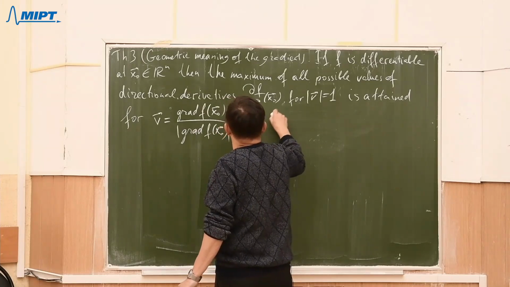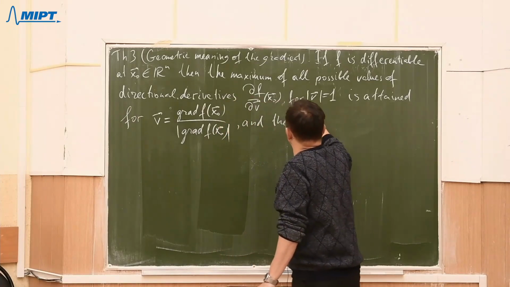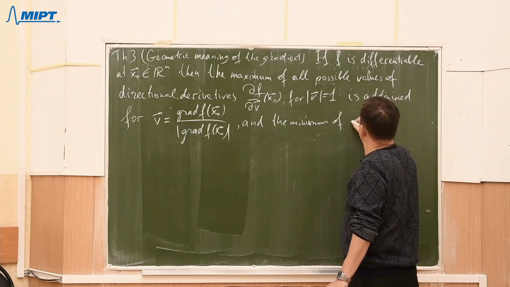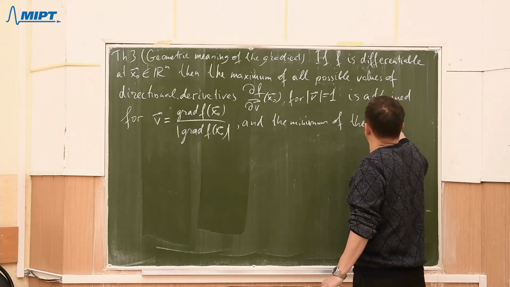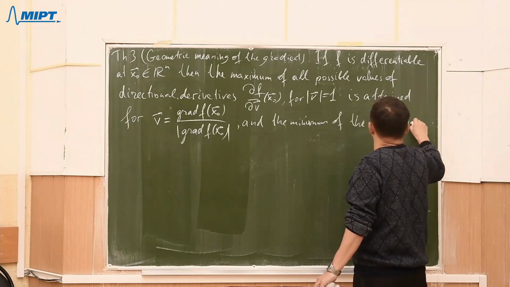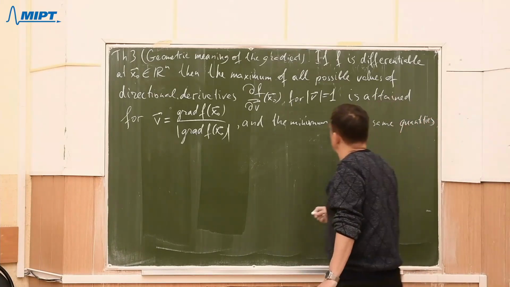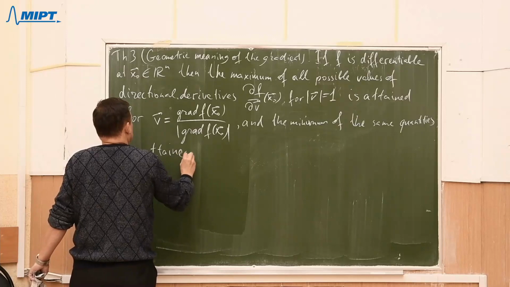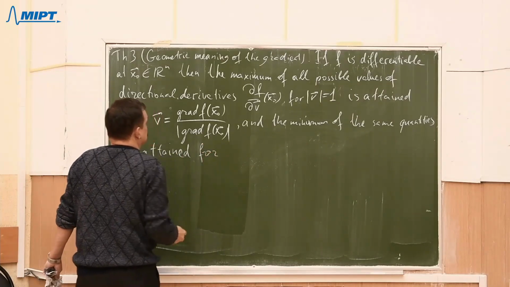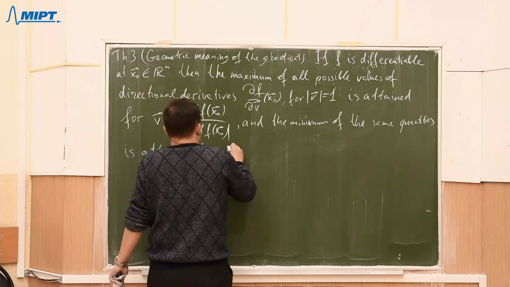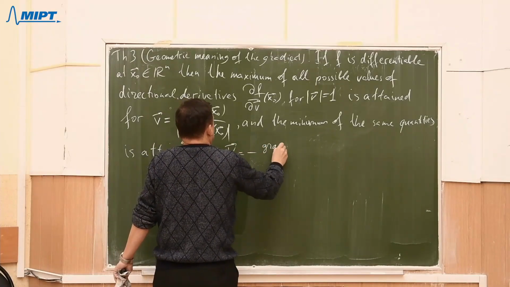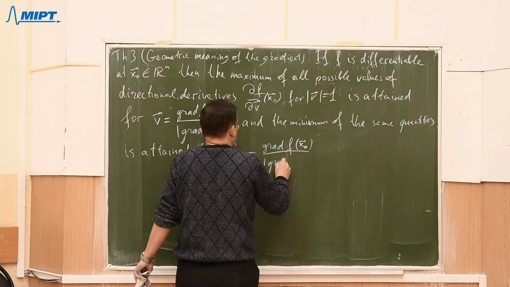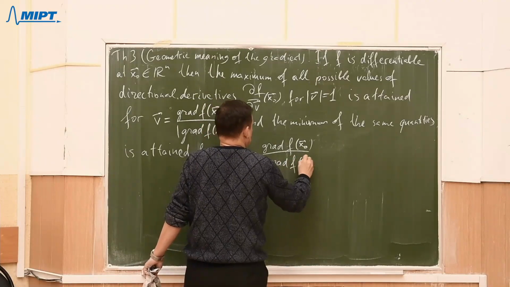And the minimum of the same quantities is attained for v equals to minus gradient f at x naught over the length of gradient f at x naught.